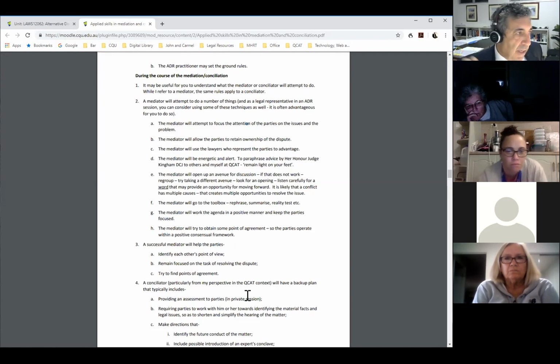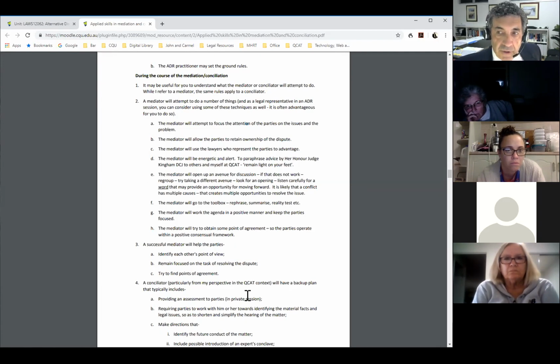Number 2, the mediator will seek to allow the parties to retain ownership of the dispute. And the mediator will often use the lawyers who represent the parties to his or her advantage. I certainly like it when lawyers are representing parties at a mediation or conciliation. The mediator will need to be energetic and alert.